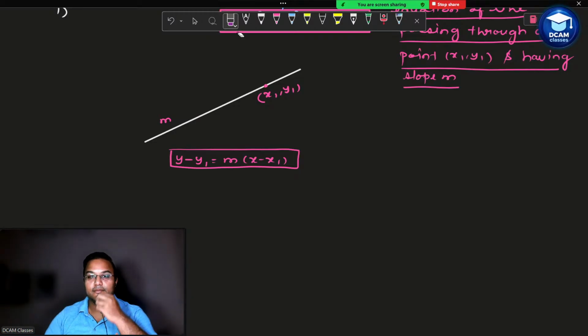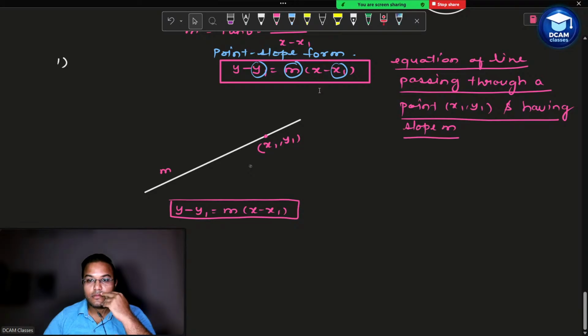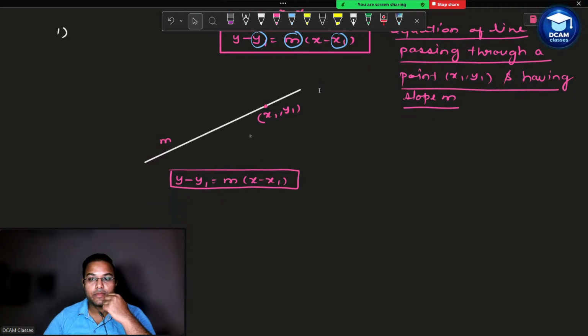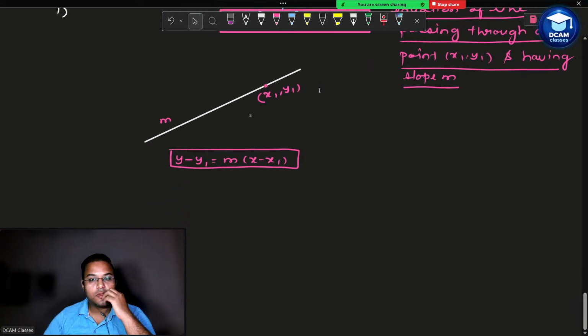Tell me. So there are 2 points, P and Q we can take, and the 2 points are x1, y1 and x2, y2. So if we need to find the slope, then we have to subtract y2 minus y1 and x2 minus x1.